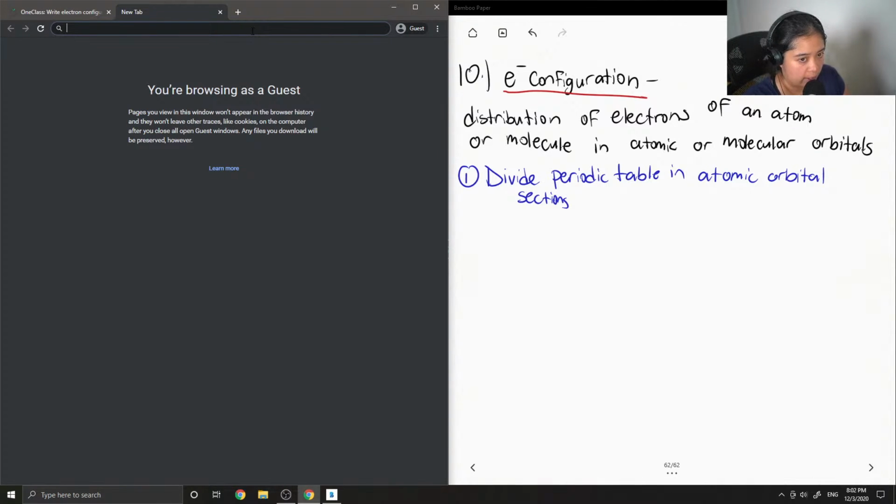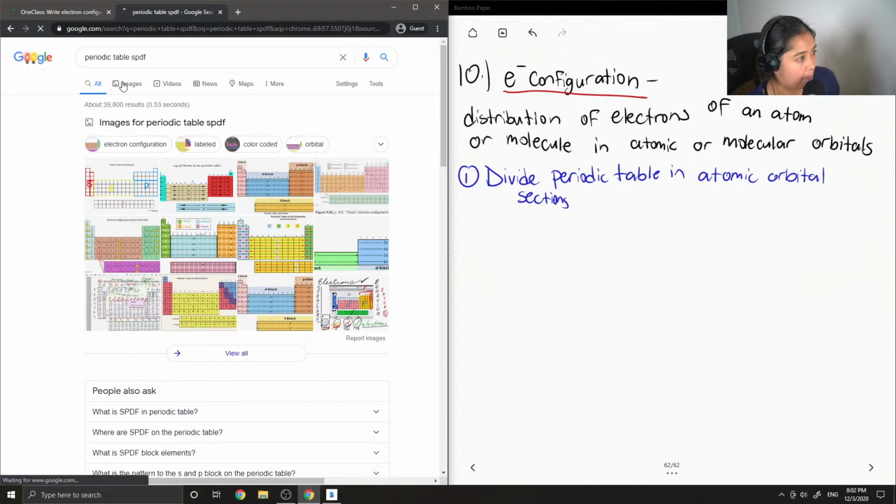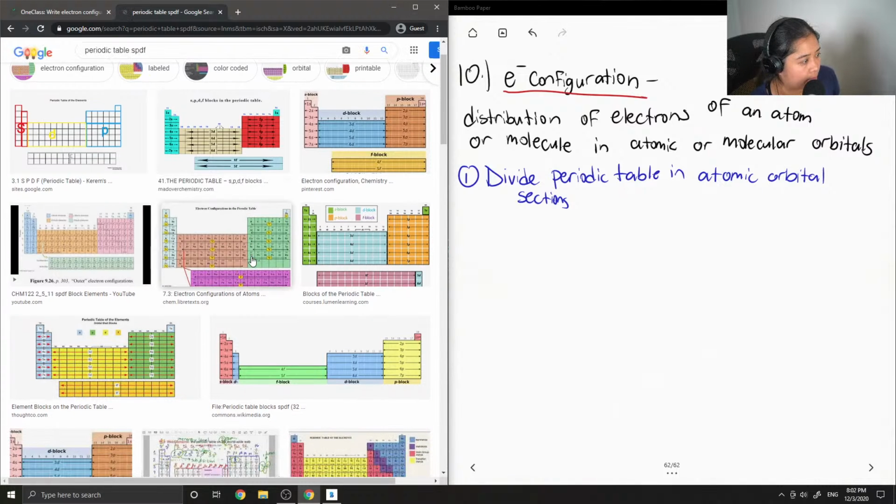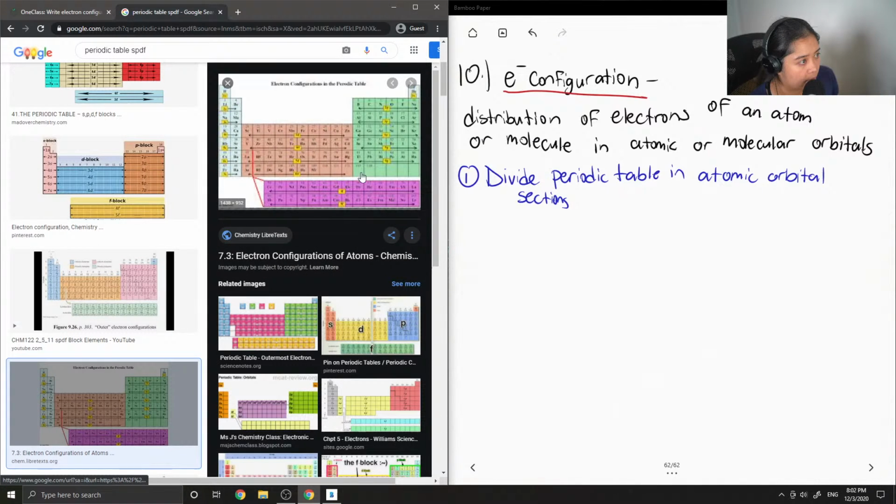I'll search periodic table, SPDF. When we divide it into its sections, you get 4 sections that look like this. The blue corresponds to the s block. The green corresponds to the p block. The orange is the d block, and the bottom 2 rows is the f block.